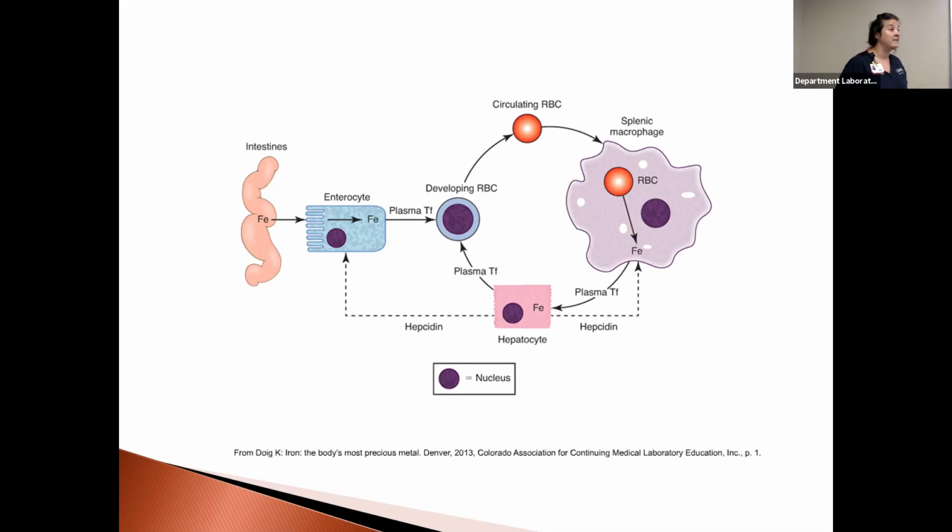They're going to break down. So they're going to reuse that iron. They're going to reuse those globin chains. Those amino acids are going to be broken down and put back into the amino acid pool. And then the protoporphyrin ring is going to be broken down in the liver and excreted as urobilinogen, okay, and bilirubin as well.